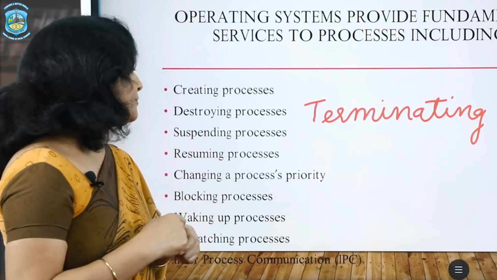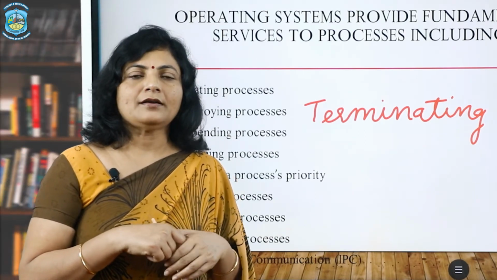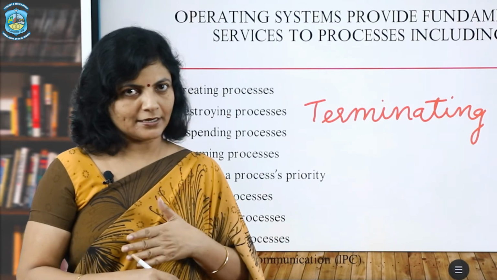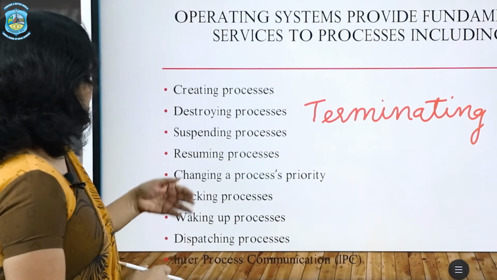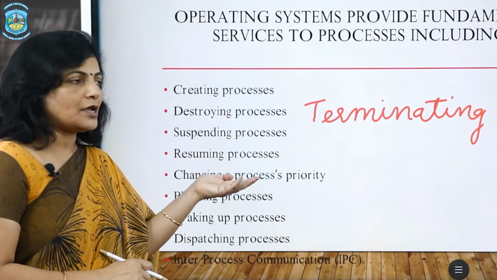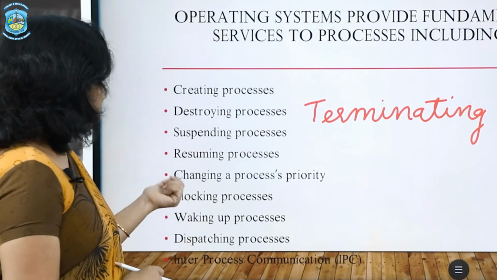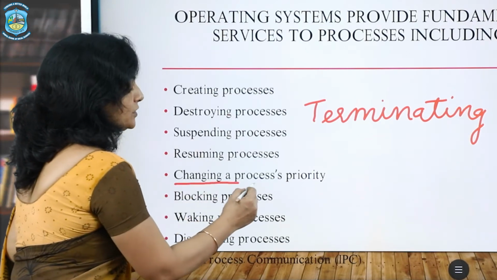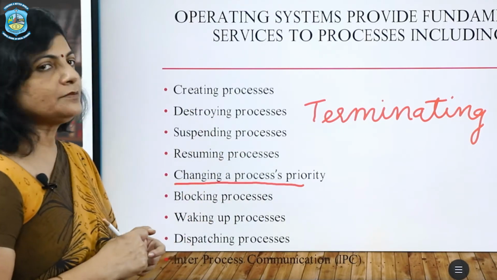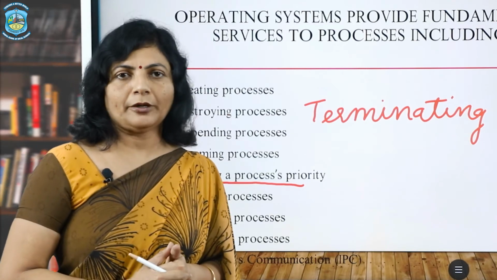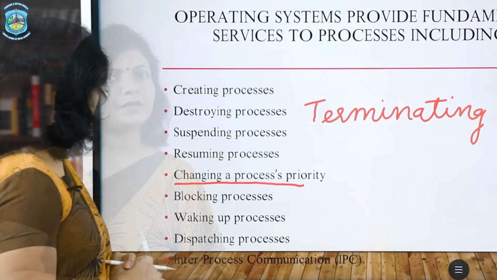Next is suspending processes. Suspended processes are those processes which are suspended from the processor and they are kept in the suspended mode. Resuming processes, the processes which are suspended, they are resumed again. Changing a process's priority. The operating system also changes the priority of the processes which are in a queue in the ready state.